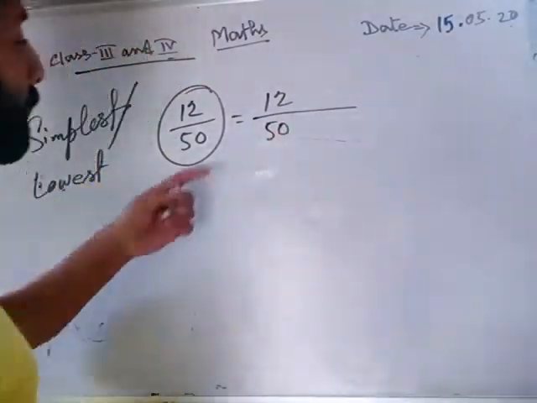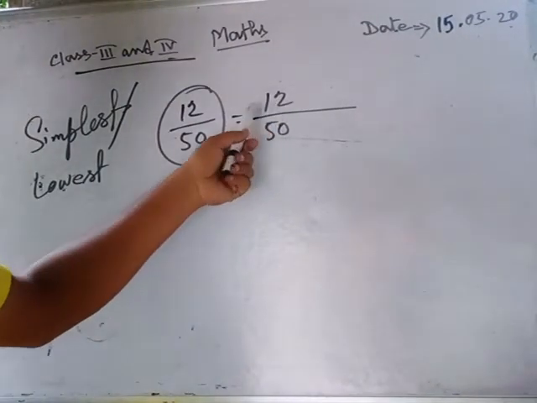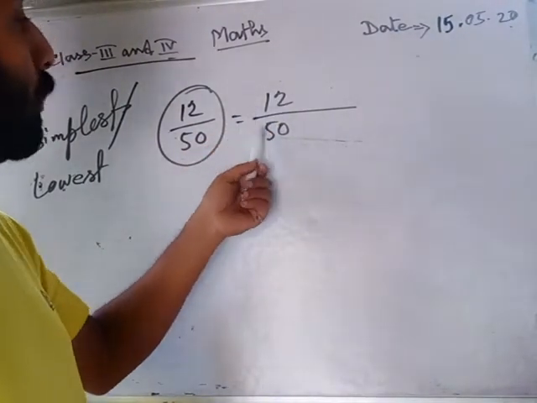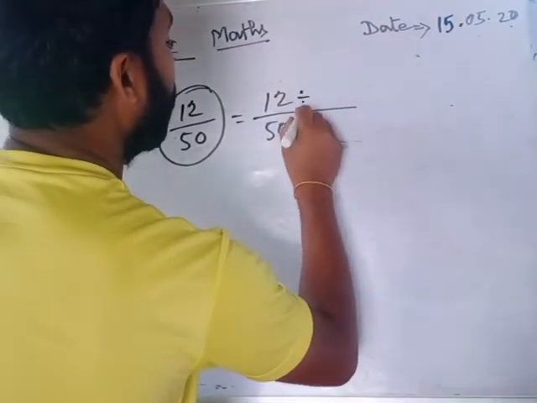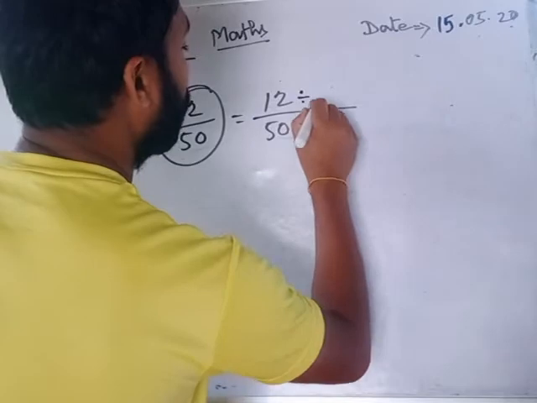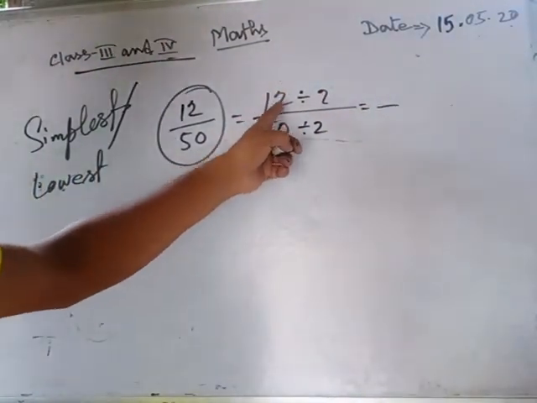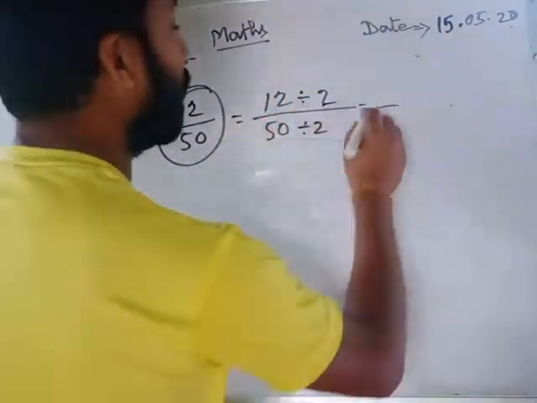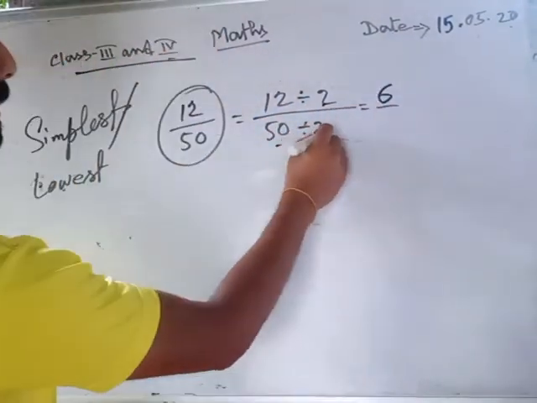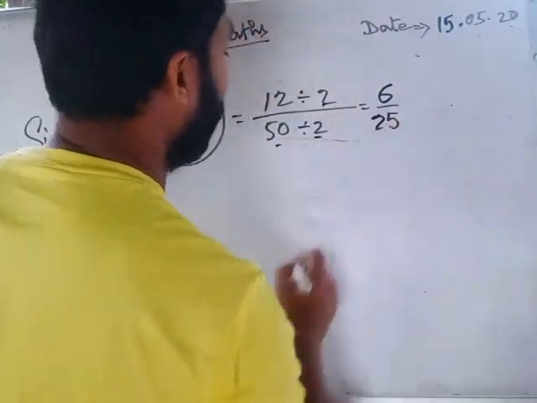Okay, at first I will look at these two numbers. We can divide both of these numbers by 2, because the ones digit is 2 and 0. If we divide 12 by 2, that is 6. If we divide 50 by 2, that will be 25.